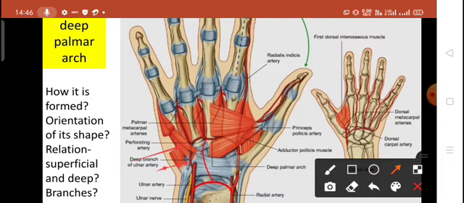This deep palmar arch lies deep to the flexor tendons.